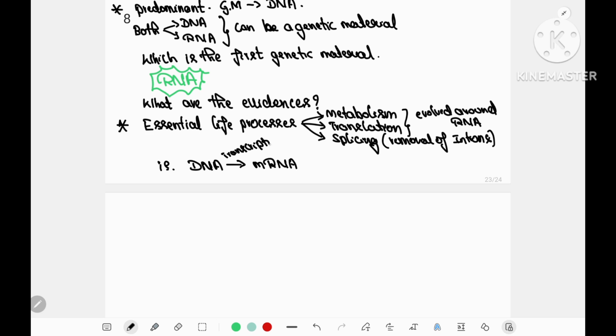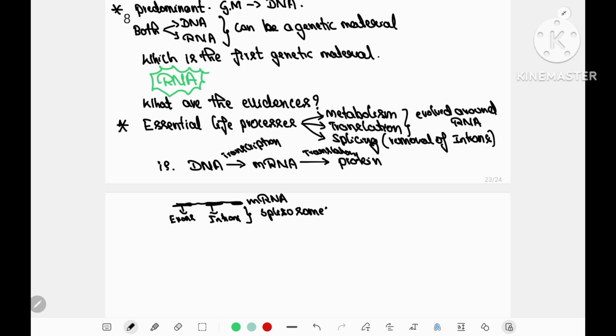Here, during the process of transcription, DNA will undergo transcription, that is, mRNA will be produced. From mRNA, protein will be synthesized upon the process called translation. Now you could observe both transcription and translation are associated with RNA. And mRNA in eukaryotes contains coding sequences called exons and non-coding sequences called introns.